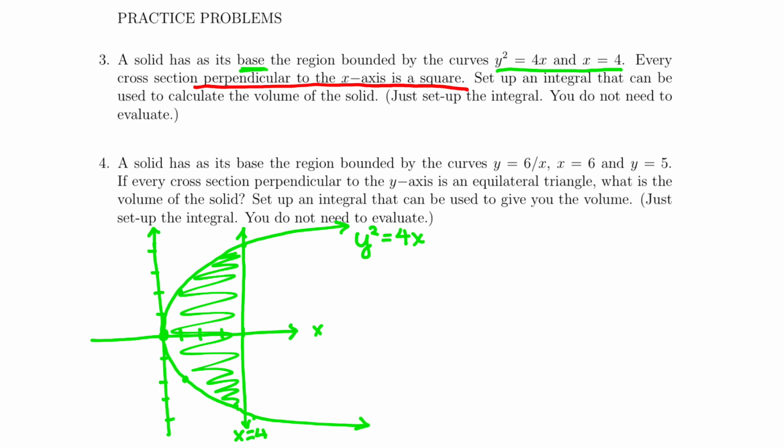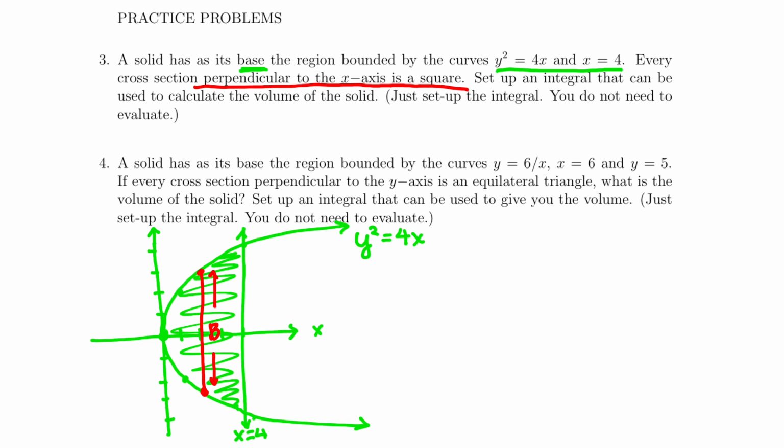We're stacking squares perpendicular to the x-axis. So I don't know if you can visualize this, so I'm just going to write down, this is my base. This is the base of my square. Picture taking this region, hi AK, putting it down, and on top of that region, I'm stacking squares. Are y'all with me?